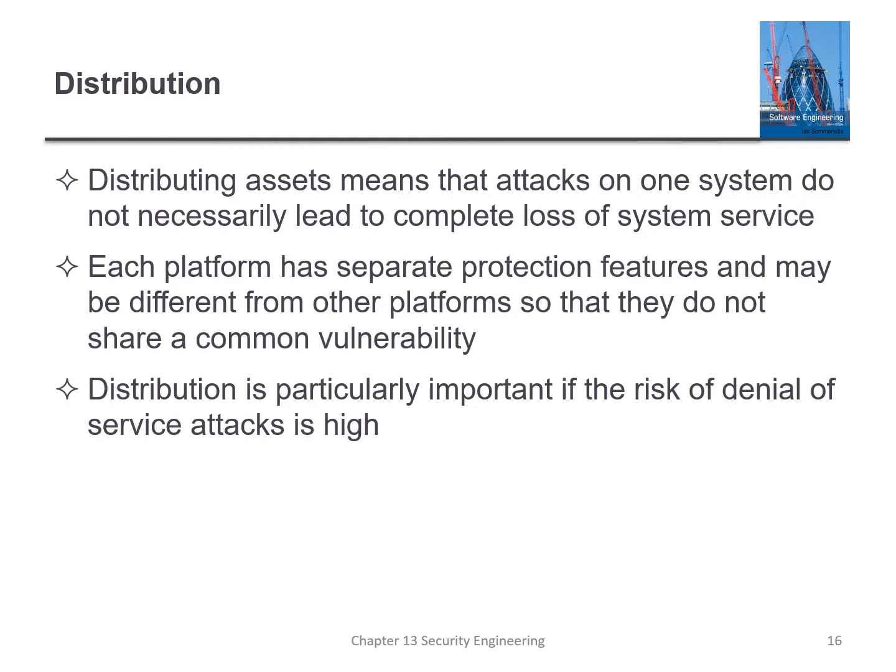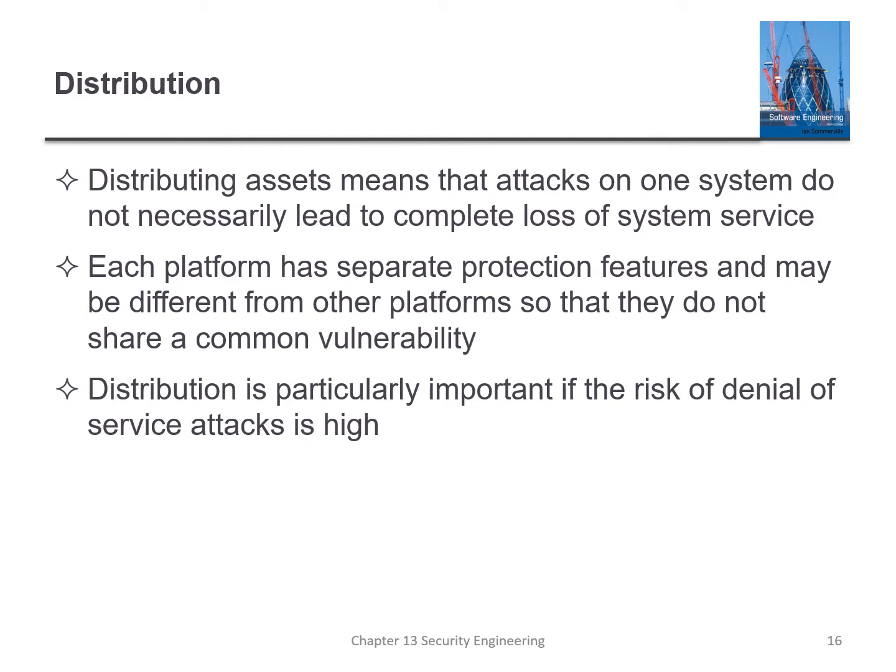How do you want to handle the attack if one system is hacked or lost? How do you want to handle this? Each platform has separate protection features, right? And it may be different from one platform to another, because this is a distributed system already. Maybe the platform being used in one organization is different from the other.